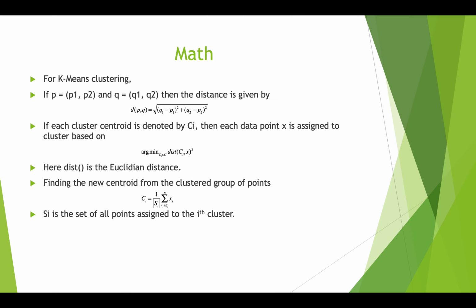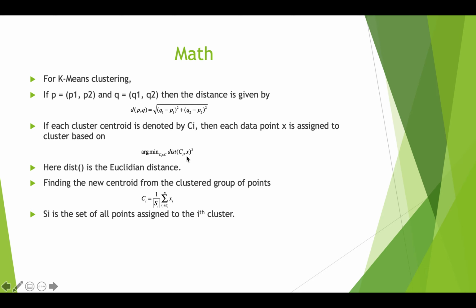What is the math behind k-means clustering? I have talked about Euclidean distance. It is the distance between two points, and that can be given by the first equation here. Next, if each cluster is denoted by Ci, then each data point is assigned to a cluster. All the data points have to be assigned to some cluster or the other. This equation shows that the data points are assigned to the respective clusters.